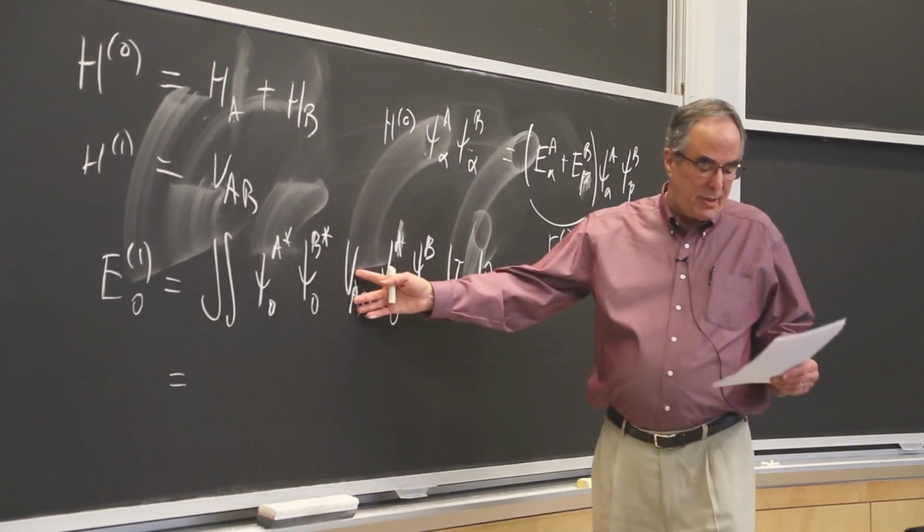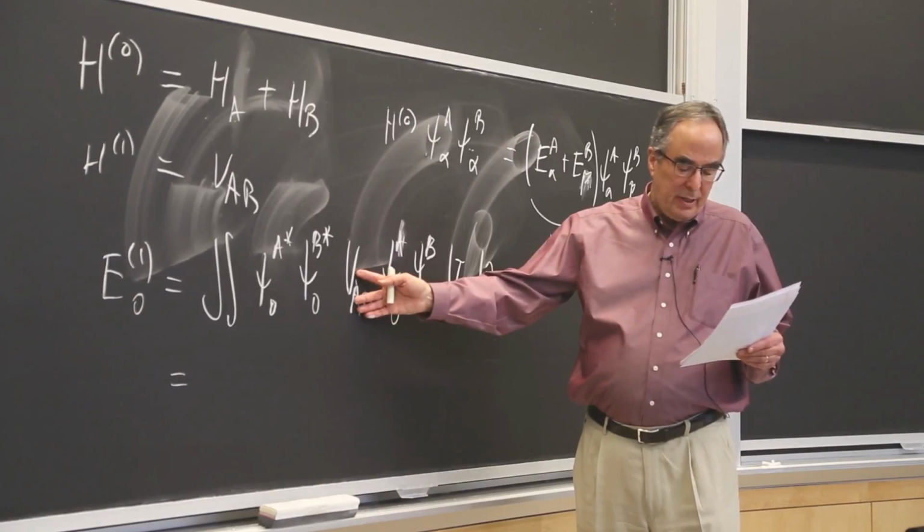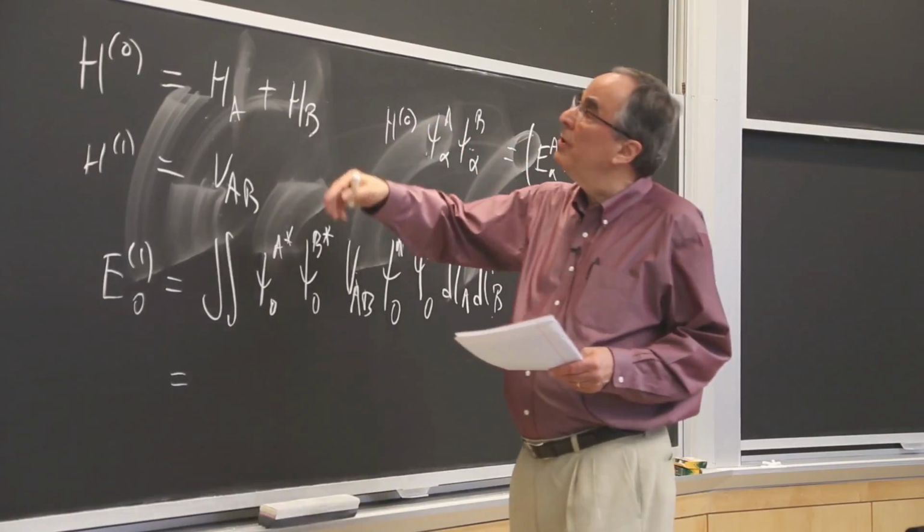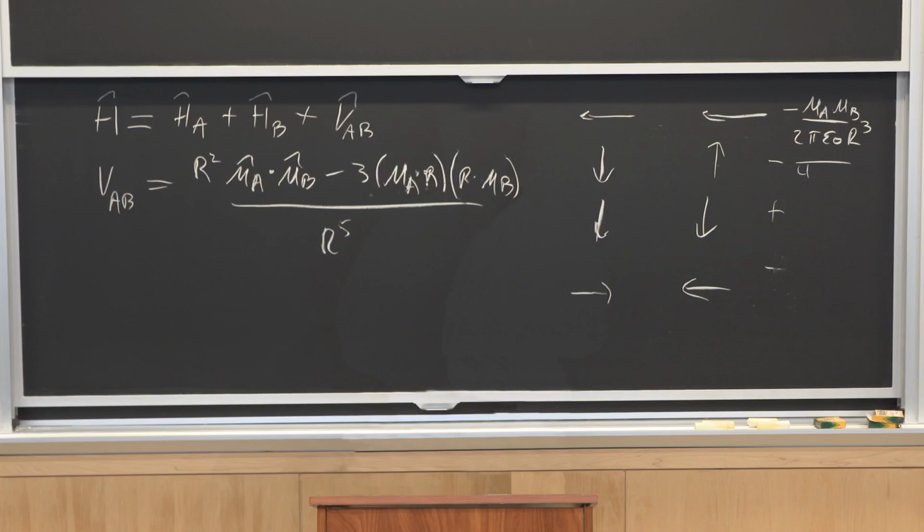Well, this is just the dipole-dipole interaction. And so we can take the reduced formula. We're just going to regard VAB as mu A dot mu B over R cubed.